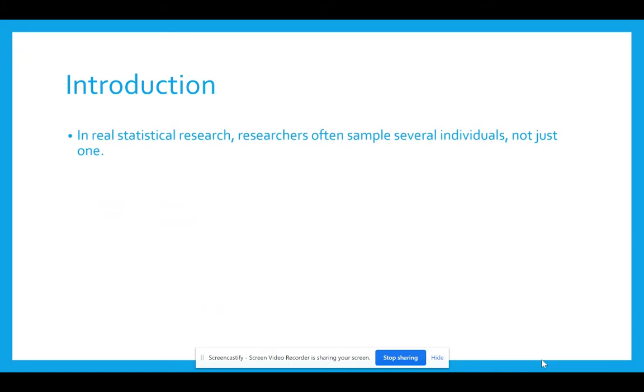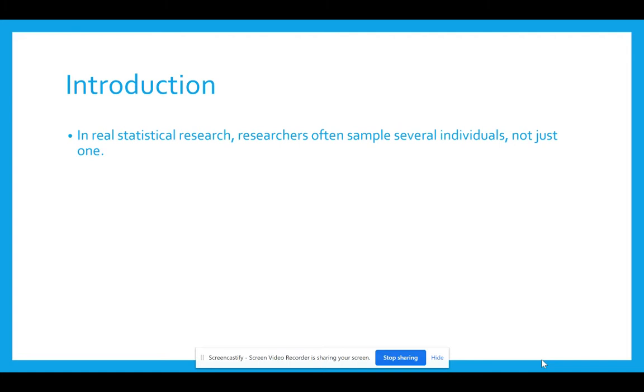Typically, when you're doing real world statistical research, we often sample several individuals, not just one. Up to this point, we've been considering what happens if we select one individual or one subject.